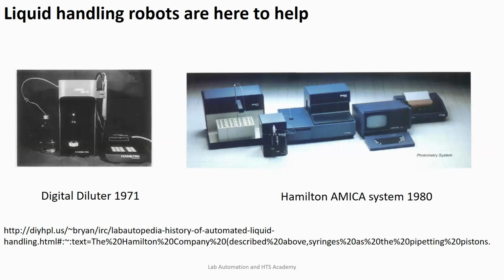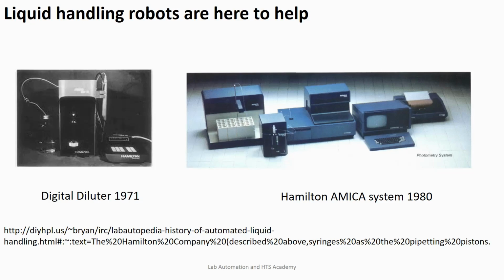But for modern liquid handling, everything started in 1970 when a company called Hamilton started developing mechanized pipettes. What they did was pretty much mix a DC motor with a precise syringe, and they commercialized it as a digital diluter in 1971.